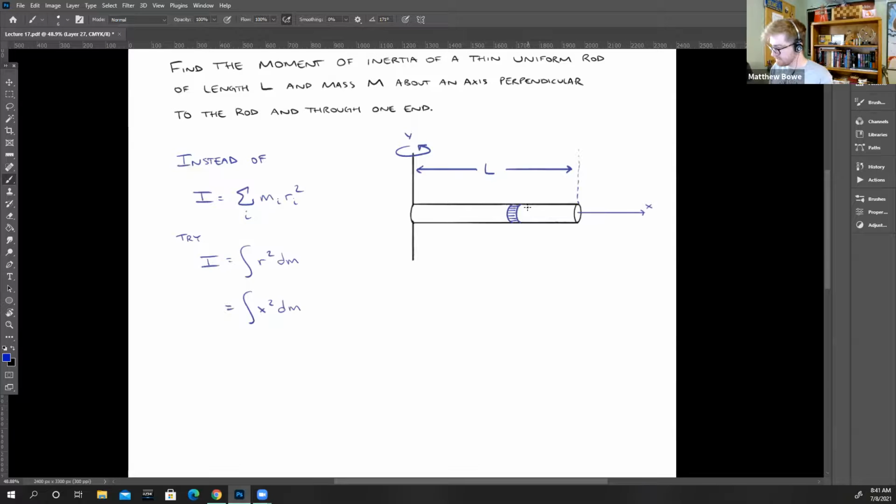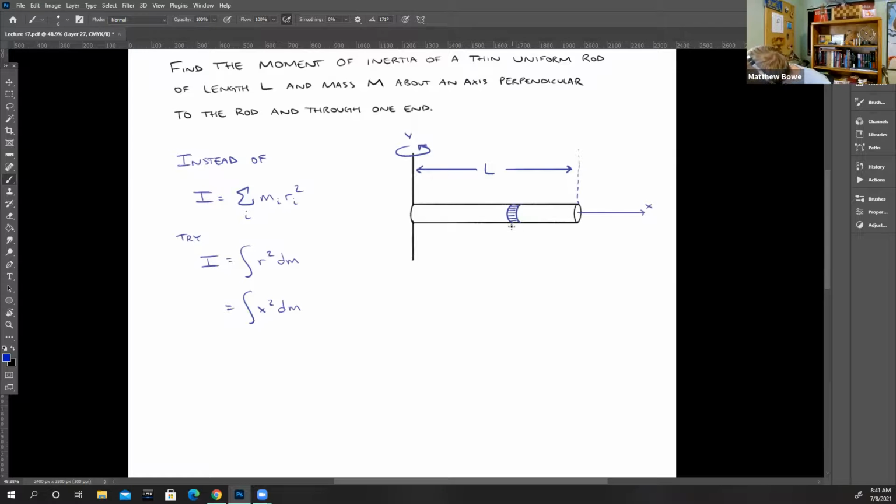Just kind of make it look three-dimensional. I'm going to cut this slice out, and it's going to be a small fraction. And I'm going to be adding up all of these small slivers together.